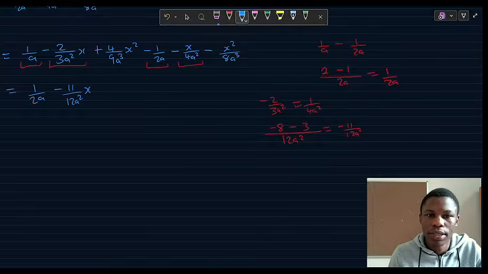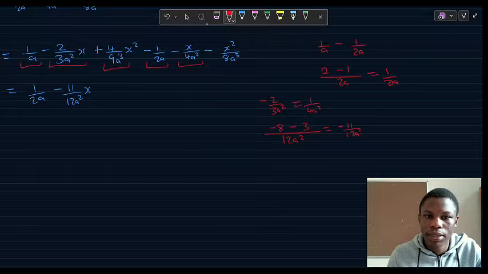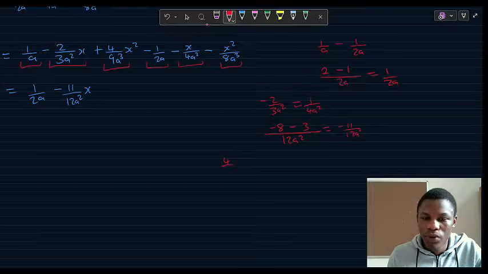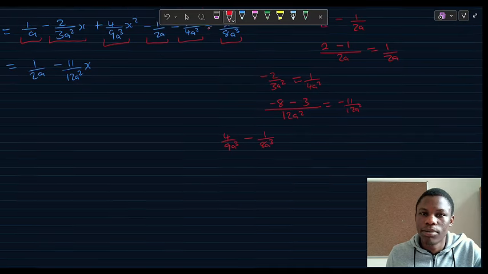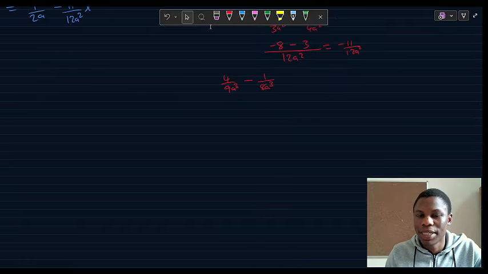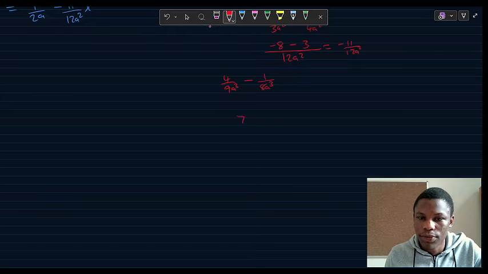And now let's do the same, but for the terms in x squared. So this and that. So I've got 4 over 9a cubed minus 1 over 8a cubed. So I need a common denominator. It's going to be 9 times 8a cubed, so 72a cubed. How many times does 9 go into 72? 8 times, multiplied by the 4, so 32.